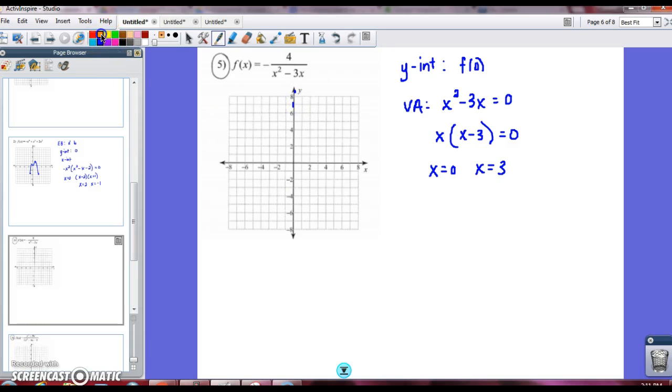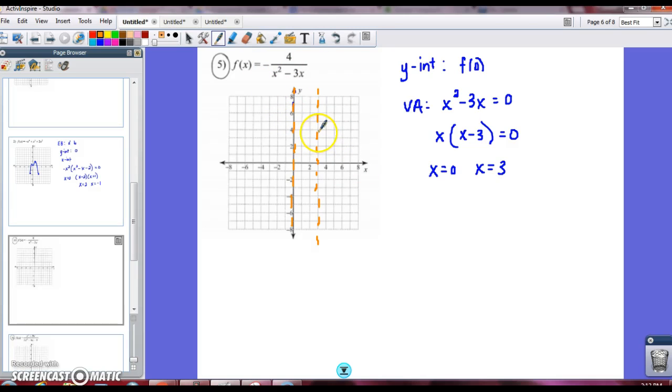Actually, let me do that in a different color. I'll do that orange. I have an asymptote here, and I have one right there. Okay, so those are my asymptotes. And this can't be reduced at all, so I don't have any holes in my function.